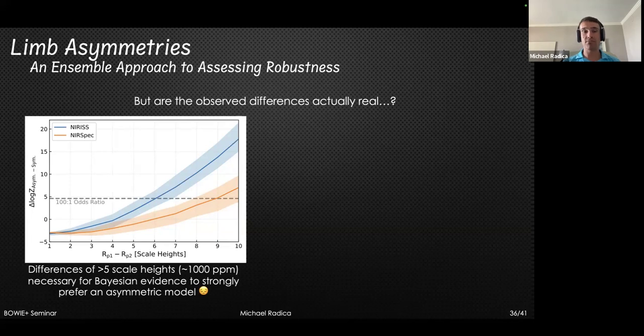With this test, I find that in order to get a significant detection, like a 100 to 1 odds ratio in favor of an asymmetric versus symmetric transit, we would need limb differences on the order of 6 scale heights for NIRSpec and 9 scale heights for NIRSpec. But the differences that we see in the data are on the order of 1 to 2 scale heights. So this would suggest that these differences aren't significant.